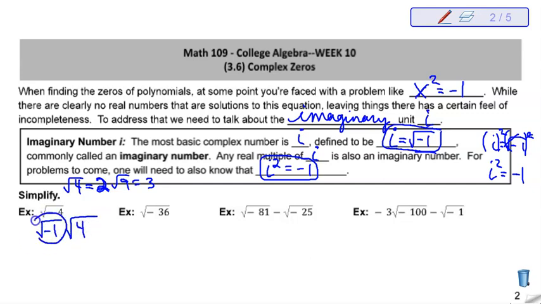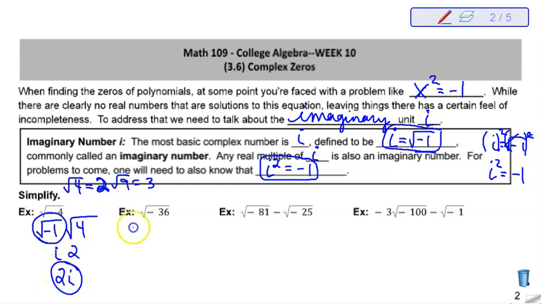Now that I've split that up, this square root of -1 I can replace with an i, and the square root of 4 is still going to be 2 in real numbers. But notice that I don't write this as i2, just like we wouldn't write 2x as x2. I'm going to write this as 2i, and that's going to be my final answer.